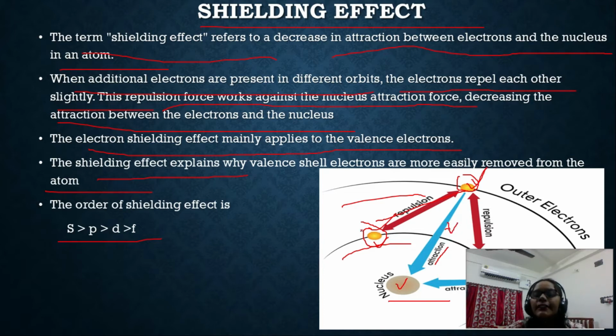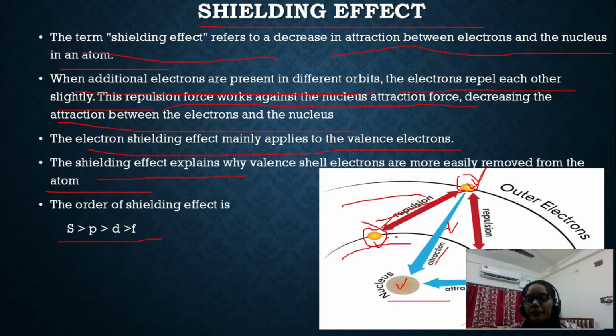Always the inner orbital electrons have this shielding effect, this tendency to shield, to become a barrier, so that the outer orbital electrons cannot be attracted by the nucleus more strongly. Always this has the tendency.